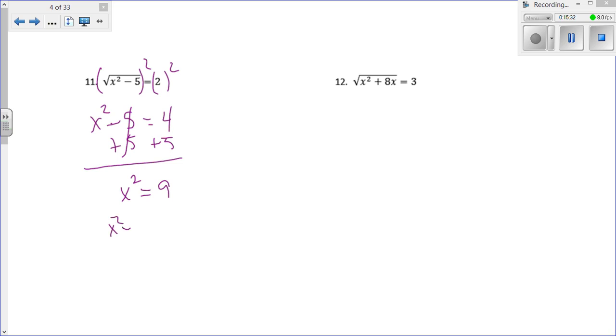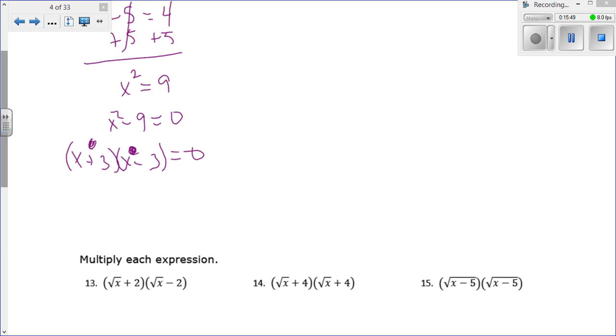We could also move that 9 over and then factor. I probably should have done that first. Oh my goodness, no squares. So we have x equals negative 3 and x equals positive 3.